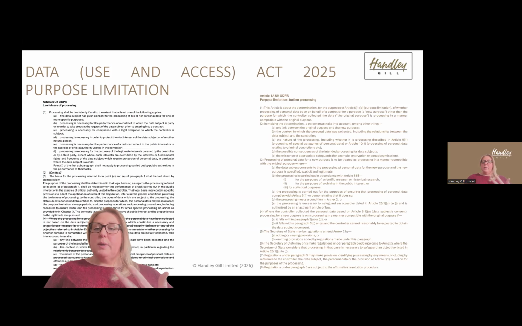So it says that if you're going to process for a new purpose, you have to determine whether the processing is compatible. In making the determination, you must take into account any link between the original purpose and the new purpose, the context of collection, including the relationship between data subject and controller, the nature of processing, including whether the processing relates to special category personal data or personal data relating to criminal convictions and offences, the possible consequences of the intended processing for data subjects, and the existence of appropriate safeguards such as encryption or pseudonymization.